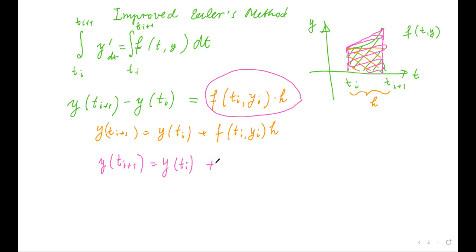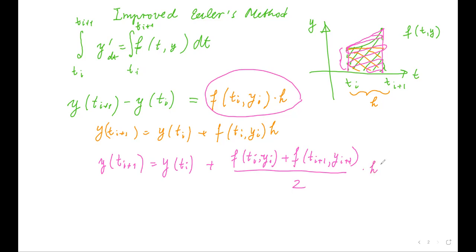And then what is going to be the improved part? I'm going to write down f of t i, y i, this side, plus f of t i plus 1, y i plus 1, divided by 2, right? Sum of the sides multiplied by the height, which is still h.